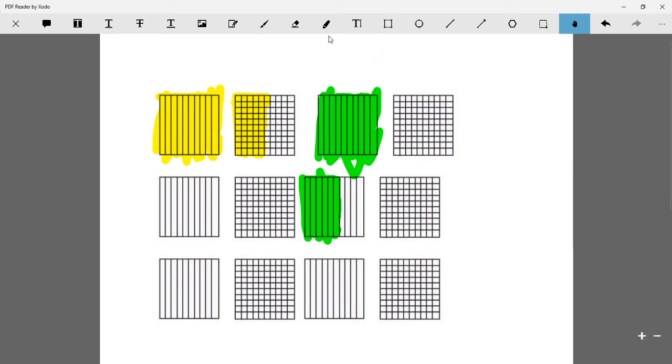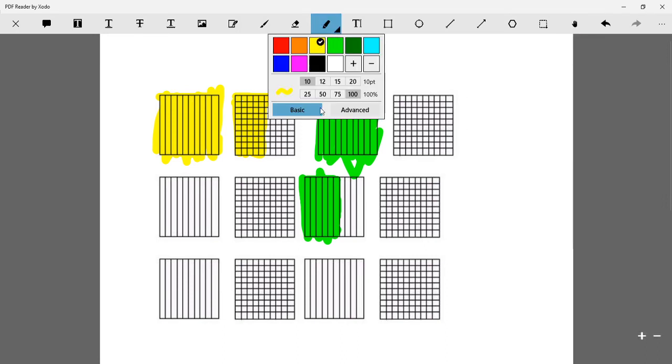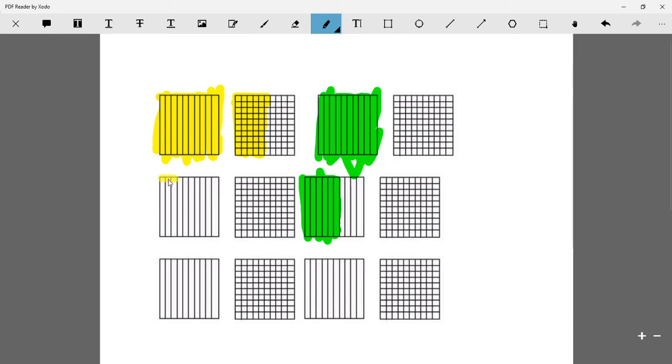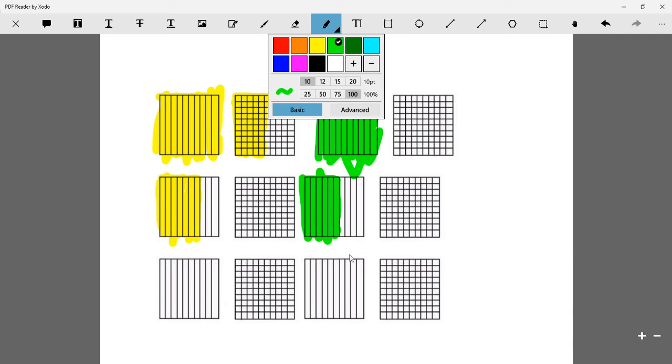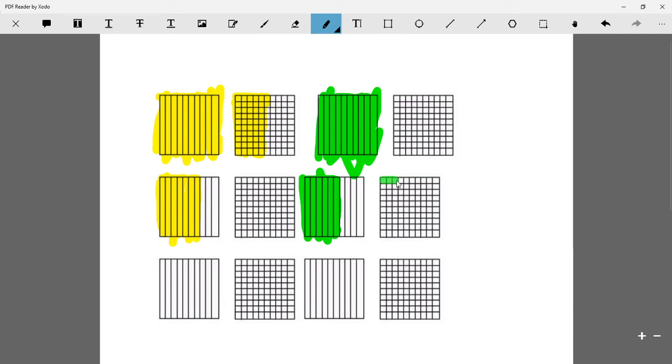Now another thing that they might do is do something like this, where all of a sudden they fill out multiple different, I guess, decimal grids without filling the previous ones up, right?